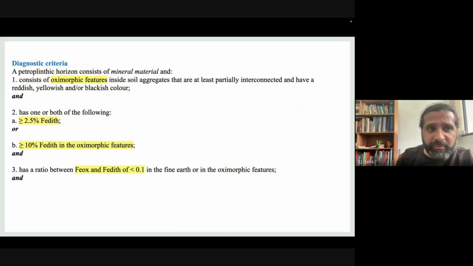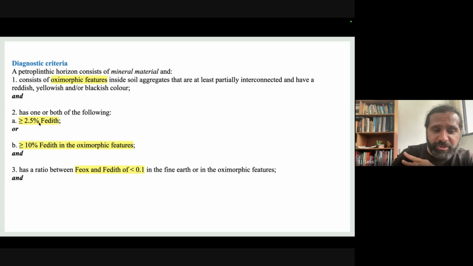The criteria to identify and classify a petroplinthic horizon are quite simple. It consists of oxymorphic features, formed by iron oxides, goethite and hematite in the majority of cases. These features are inside soil aggregates that are at least partially interconnected and have reddish, yellowish, or blackish colors.